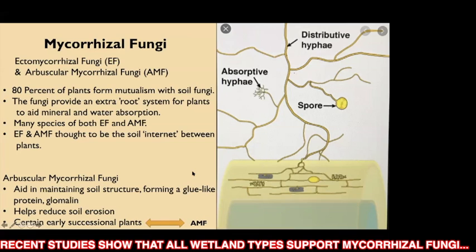And especially in the arbuscular mycorrhizal fungi, they aid in maintaining soil structure. So they have a protein called glomalin, and that forms a glue-like protein. And along with humic acid is really thought to aid in the formation and structure of soil, which is very important to oxygen.